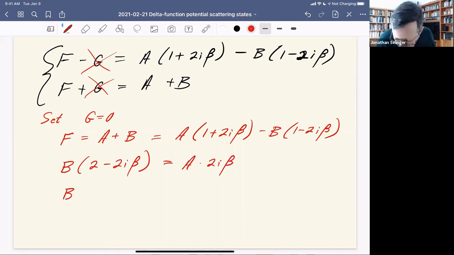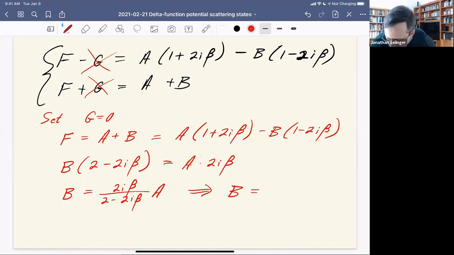Therefore, B is 2i beta over (2 minus 2i beta) times A, right? Or if I cancel the 2's, that is B equals i beta over (1 minus i beta) times A.